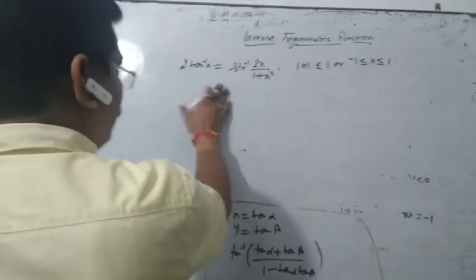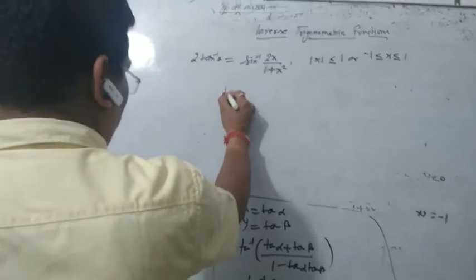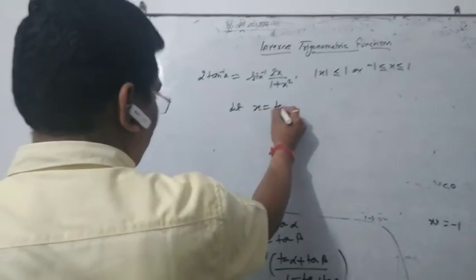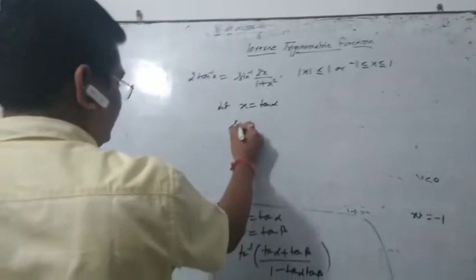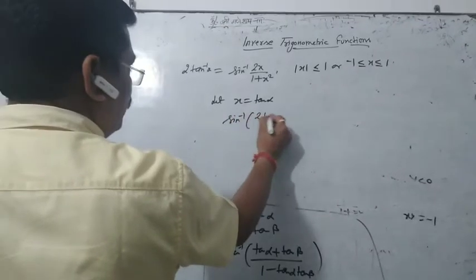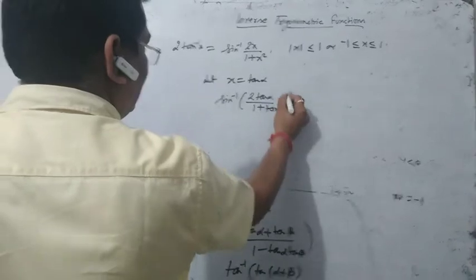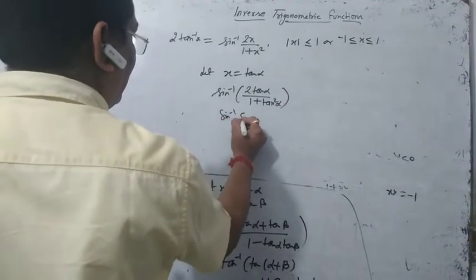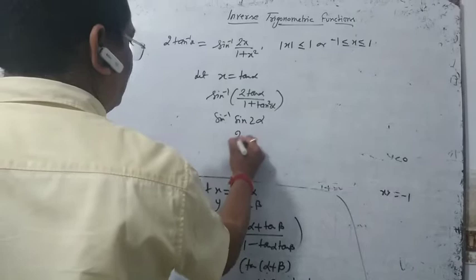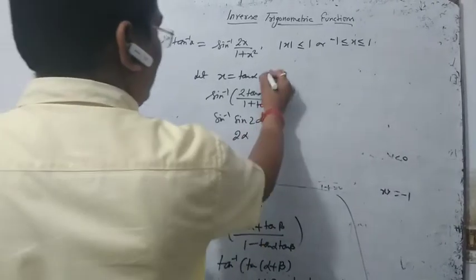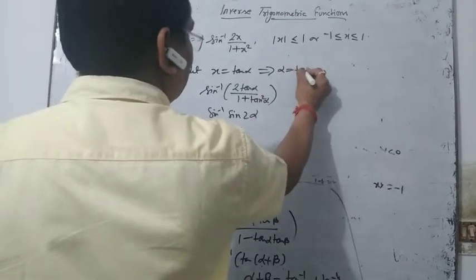You can prove this formula. Let x equal tan alpha. Then this is written as sin inverse of 2 tan alpha upon (1 plus tan square alpha). This is sin inverse sin 2 alpha, which means 2 alpha. Therefore alpha is equal to tan inverse x.